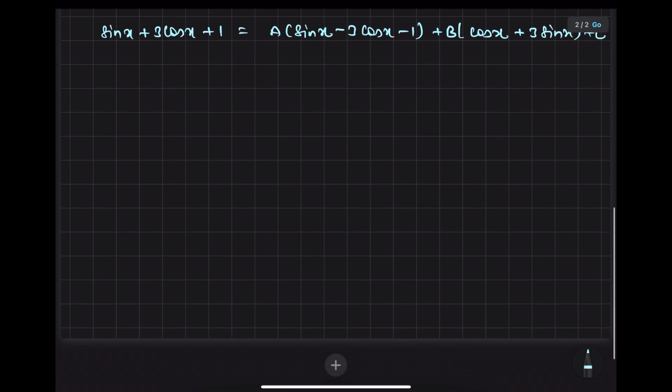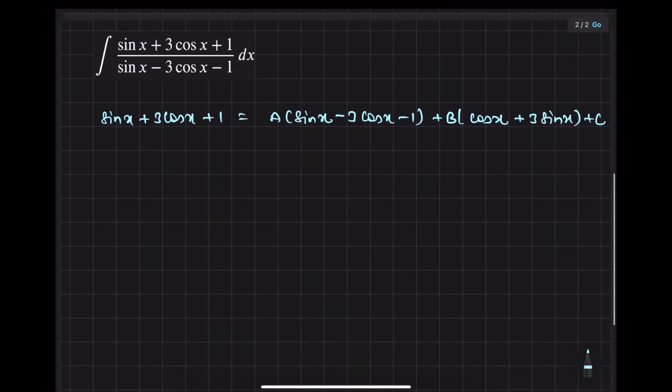Now try to connect with the coefficients. On the right hand side, the coefficient of sine is a from the first part and 3b from the second part, equal to 1 on the left hand side. So we got one equation.